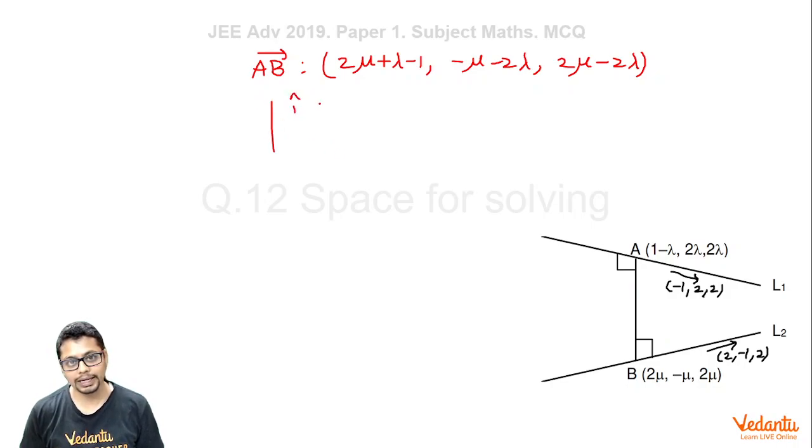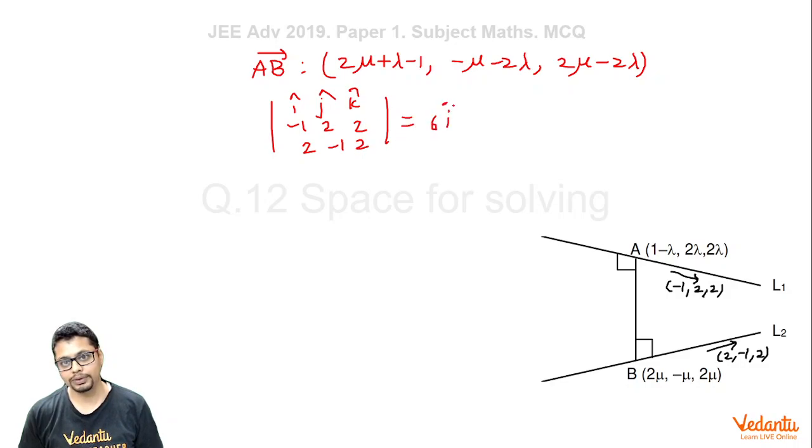You may say i cap, j cap, k cap, minus 1, 2, 2, 2, minus 1, 2, and it essentially becomes 6 i cap plus 6 j cap minus 3 k cap.